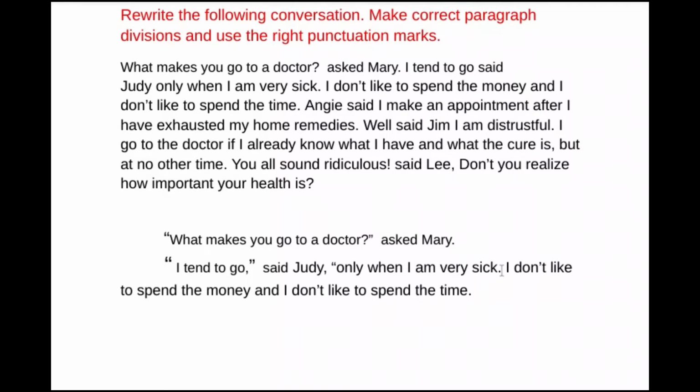Some students put quotation marks here and then they start again with another quotation mark. You should never have any double quotation marks next to each other. That would be incorrect. So we need to ensure that the person's conversation has ended, and only when it has ended, we put our final quotation mark.